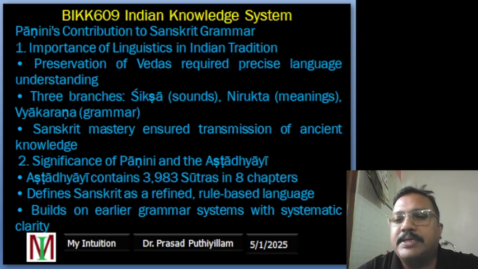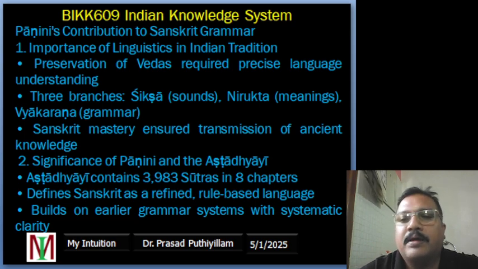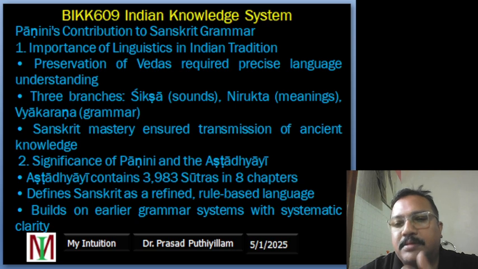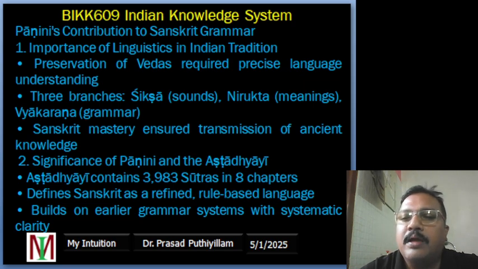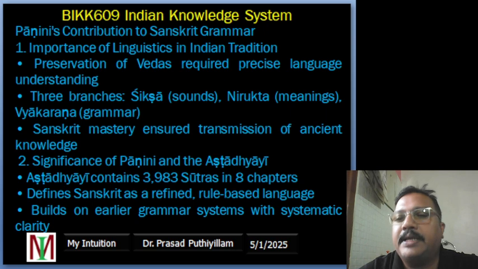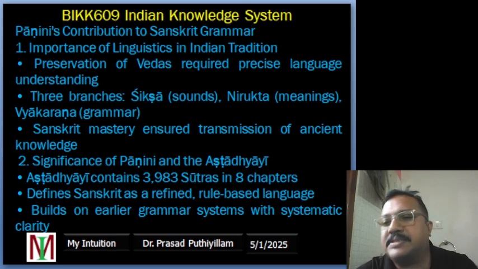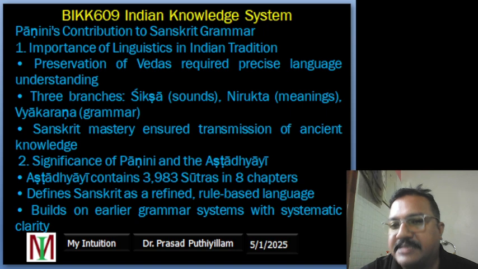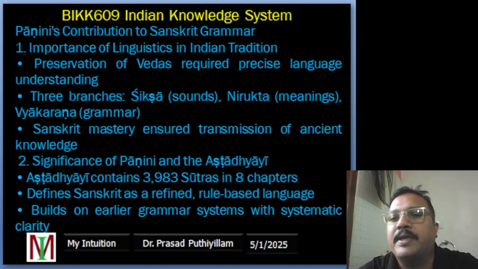And now to the second part, the significance of Panini's work, the Ashtadhyayi. It has 3983 short rules written in Sanskrit, arranged neatly in 8 chapters, each with 4 parts. This book doesn't just explain how Sanskrit was used, it shows how to use it perfectly.